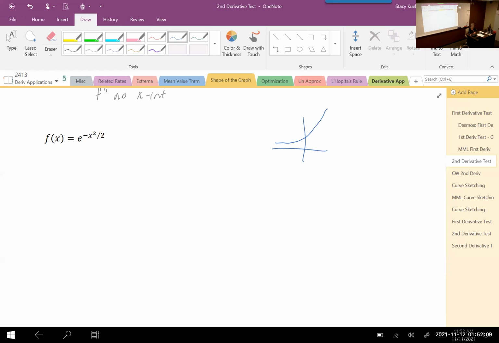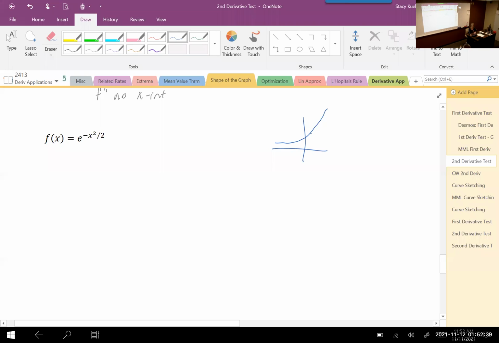What does e to the x squared look like? Bump. It looks like a bump, doesn't it? What does e to the x cubed look like on your graphing calculators? It starts to bump and then shoots up. So it's kind of a variation of this, isn't it?